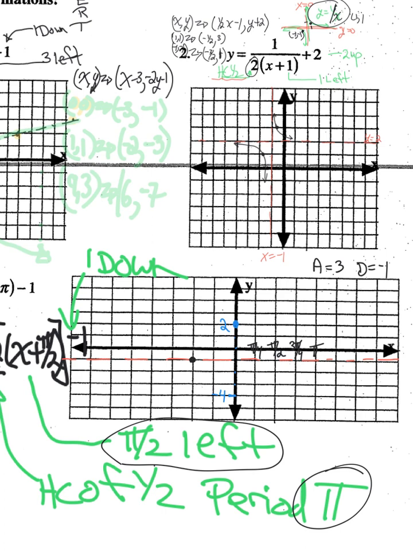The period is pi. So from this point, count 1, 2, 3, 4 pi/4s. That's 1 pi. The length from here to here is the period of the function. So between these 2 points, I need to complete 1 cycle of my negative sine graph. So divide it into 1, 2, 3, 4 equal parts, and then let's do it.